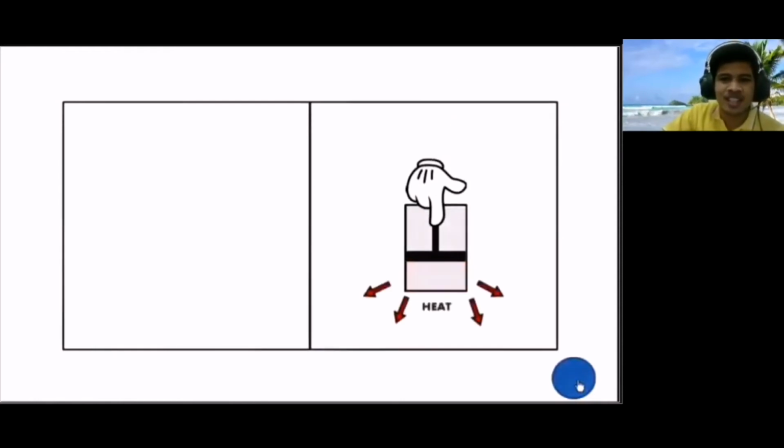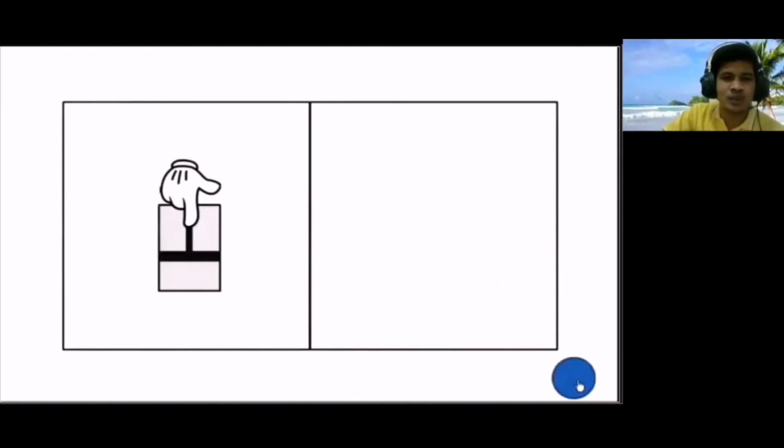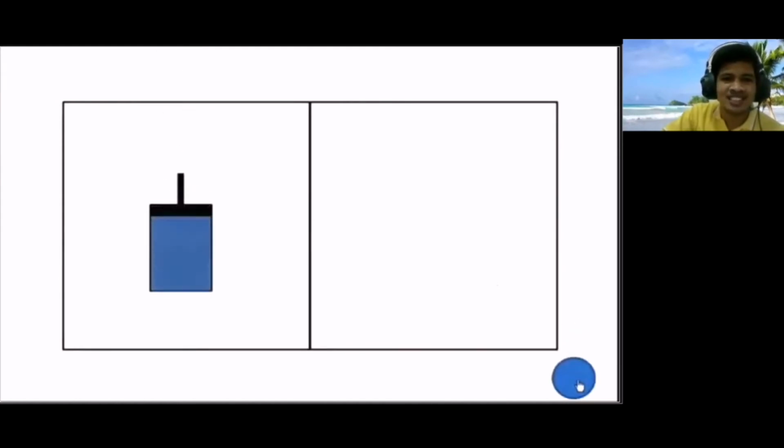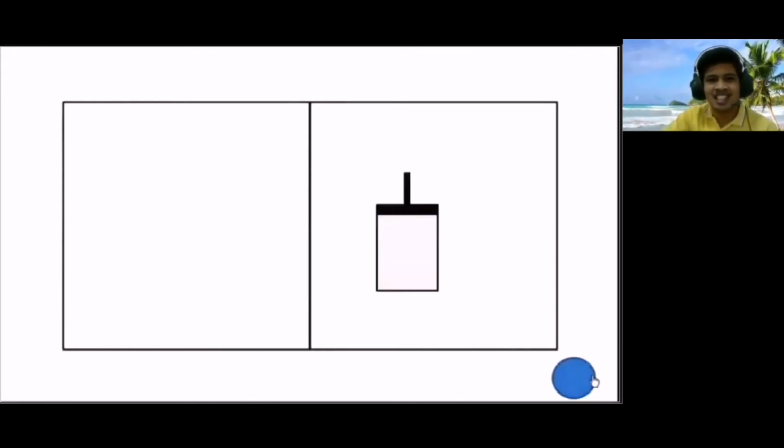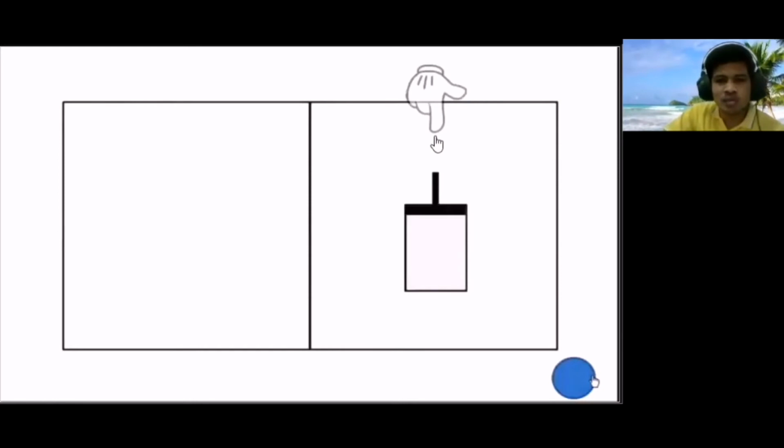This is how it works. We're going to compress it here, meaning it makes the environment hot, and then bring this piston to the other room to make it cold, and then bring it to another room.